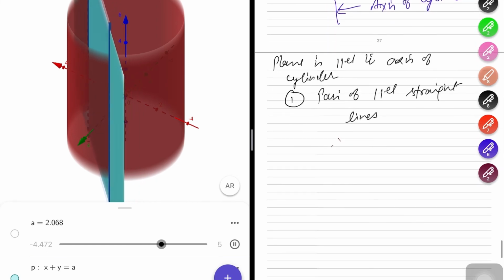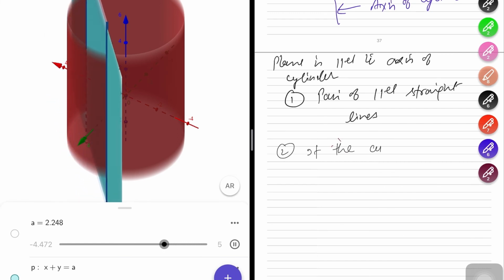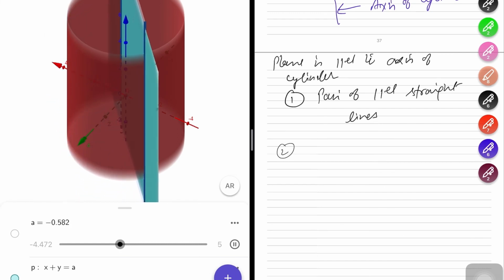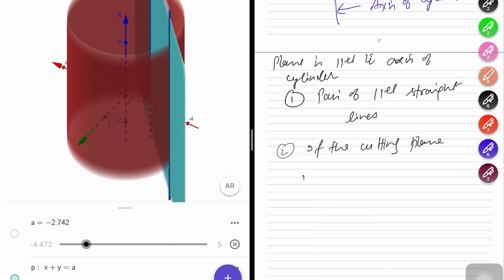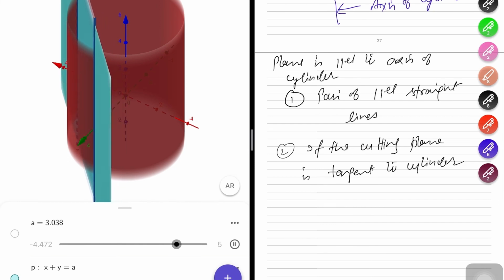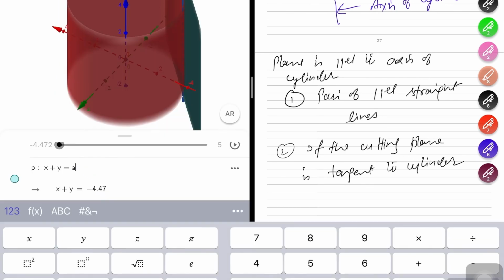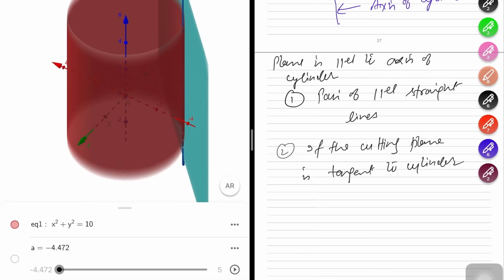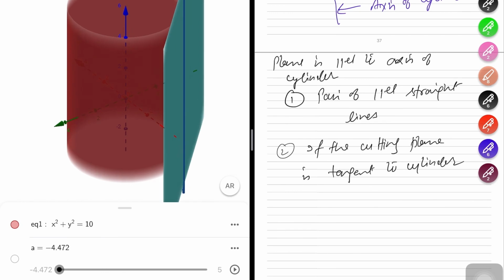We also observe that if the cutting plane is tangent to the cylinder, then the intersection is a single straight line.